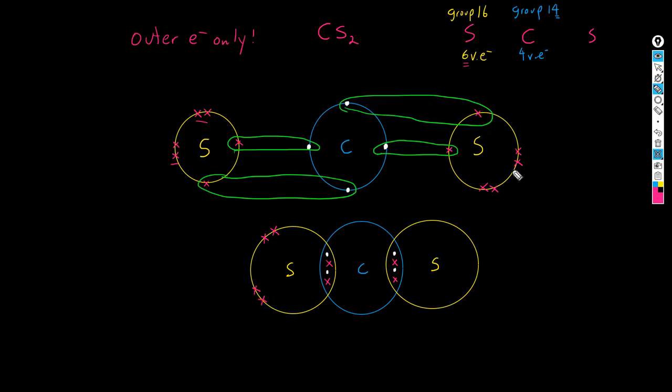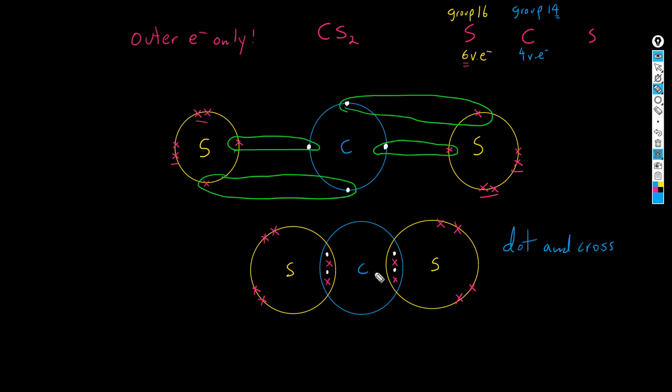And then here we have 2 lone pairs for this sulfur, which again, we need to draw as crosses because they were originally sulfur electrons. And this is our dot and cross structure for the carbon disulfide. So this is dot and cross.